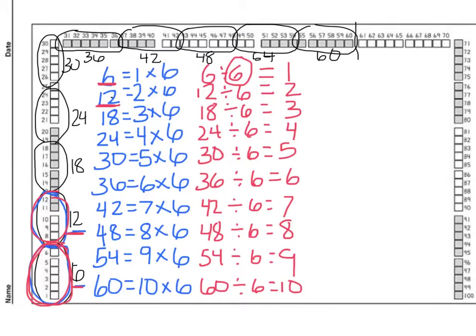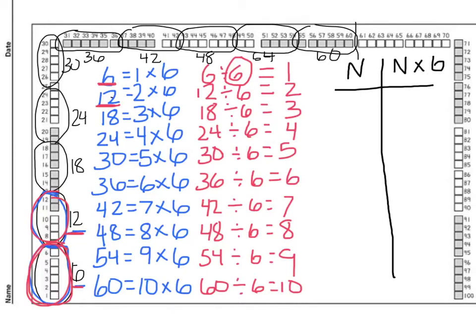All right, we're going to try one thing that is different that we haven't done before when we've been learning multiplication and division facts. We are going to make a function machine. So what I'd like you to do on your whiteboard in the remaining space, make a big T like this, and on one side put an n, and on the other side put n times 6.